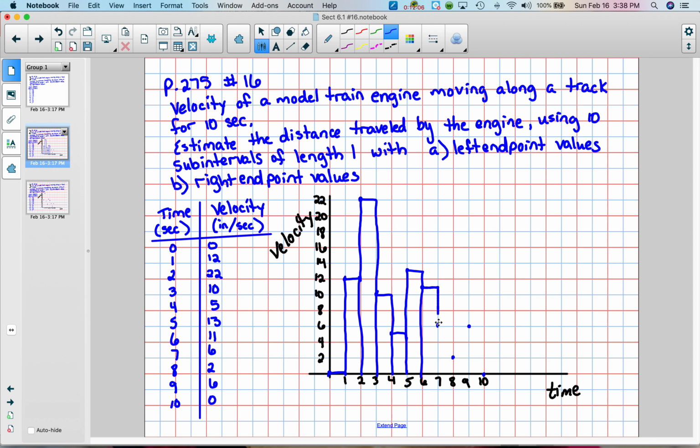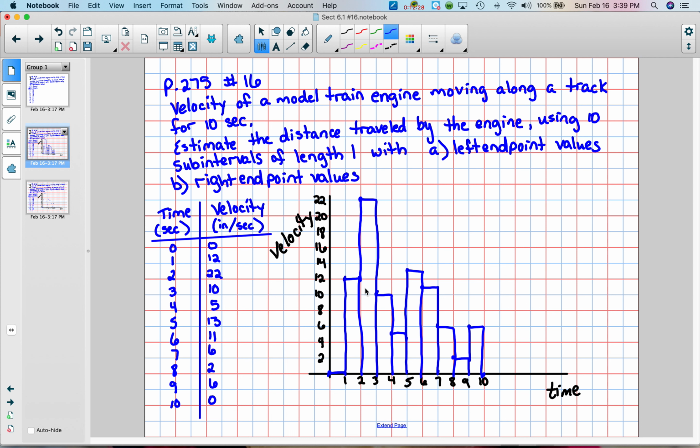And then here. And here. And here. Oh, one more. And here. Now notice how this last one doesn't have one. And even if it did, it would just be another 0 down there. But these would be the rectangles using the left endpoints to build my rectangles.